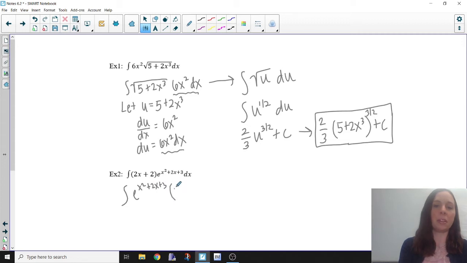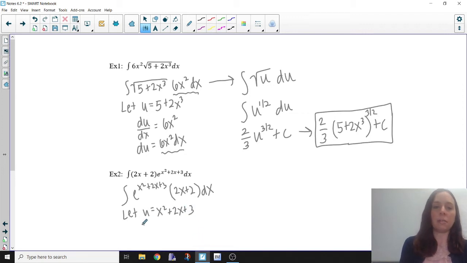And then I'm going to put the 2x plus 2 dx behind it like that. Okay, next I'm going to let u equal the inner part of the composition. So that's the x squared plus 2x plus 3.